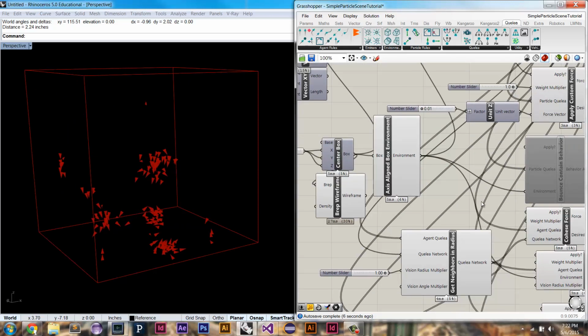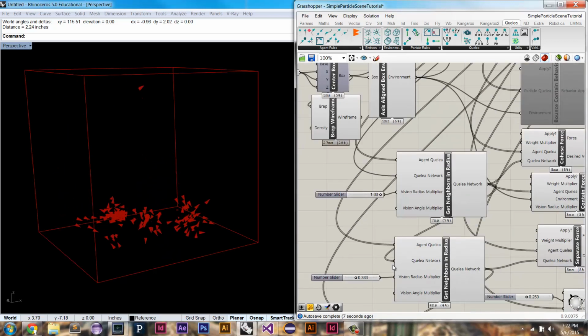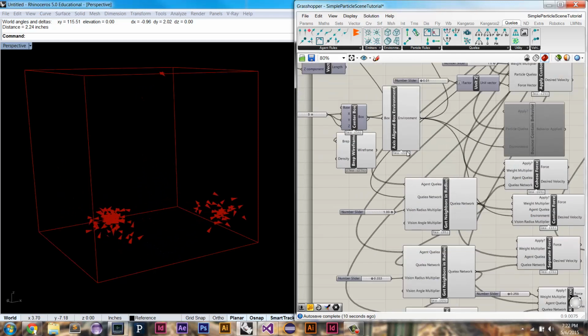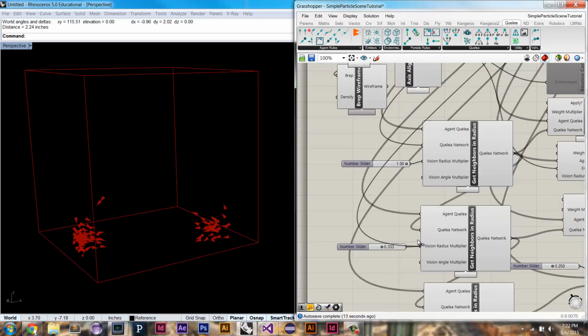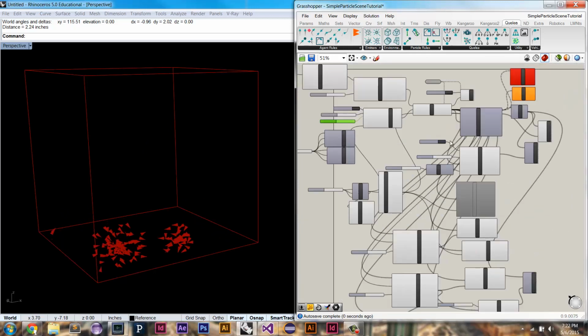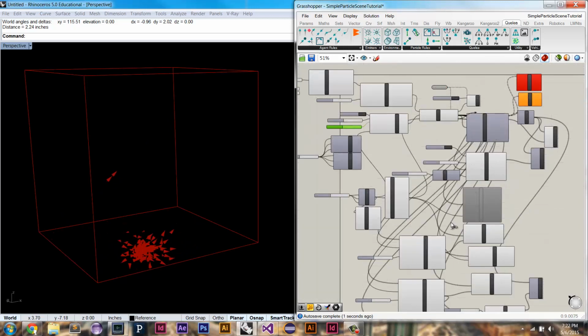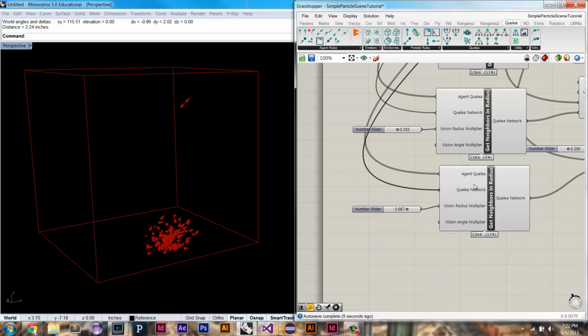Pretty good. But let's see how it does if we use the original Quelea network here and here.